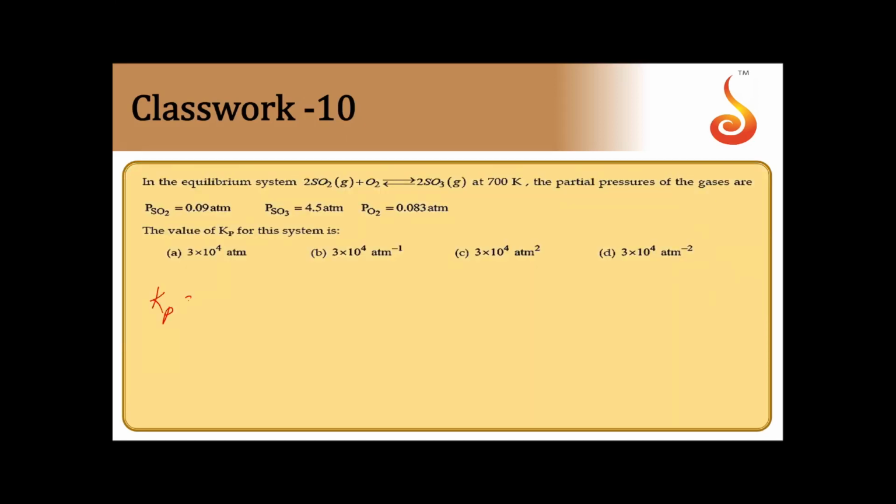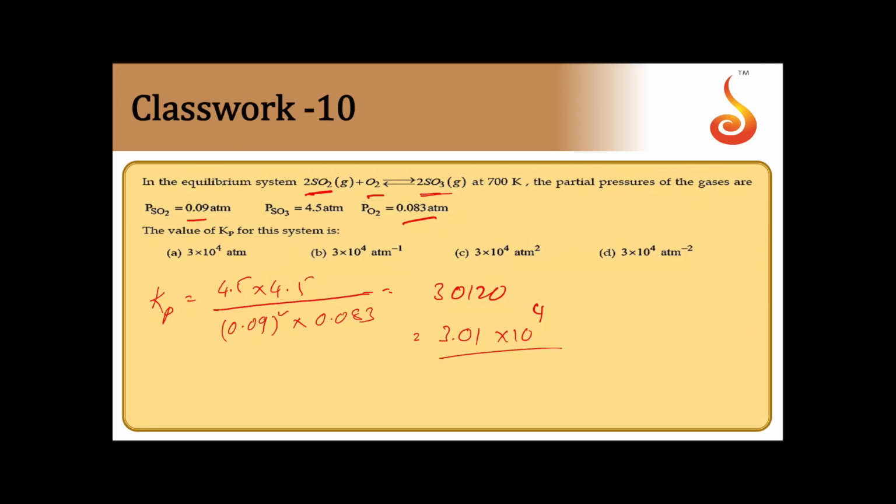So direct substitution. Kp will be equal to the partial pressure of SO3 squared, that is 4.5 into 4.5, by the partial pressure of SO2 squared, 0.09 square, into the partial pressure of O2, which is 0.083. Applying the direct formula and simplifying, we get 30120, which is 3.01 into 10 to the power of 4.